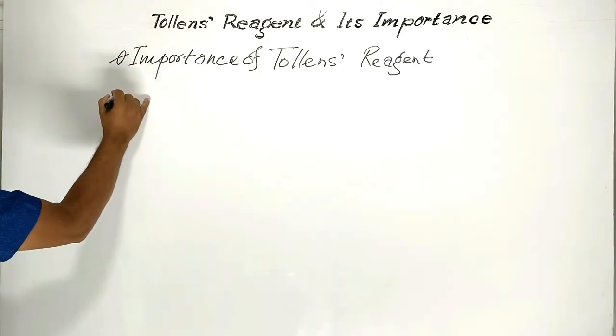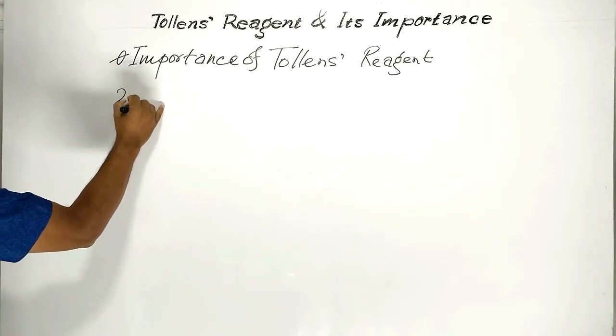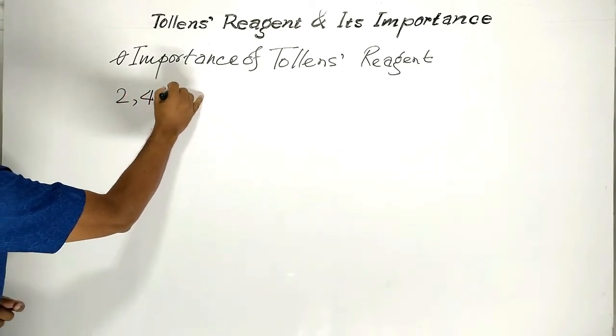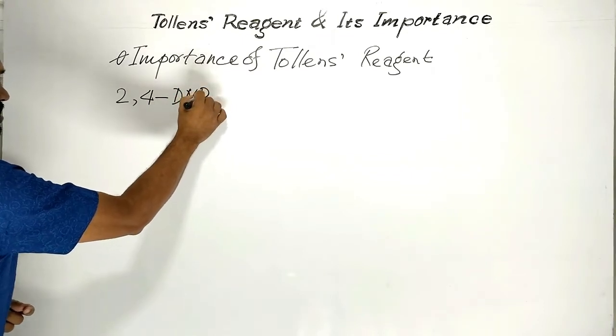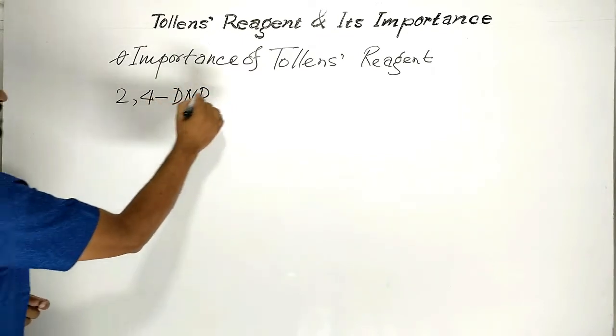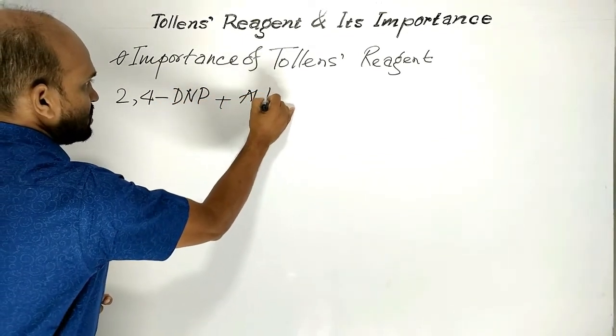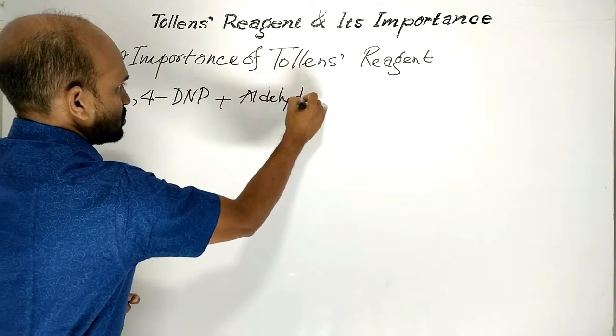We learned from the previous lesson that 2,4-DNP is used to detect aldehydes and ketones.